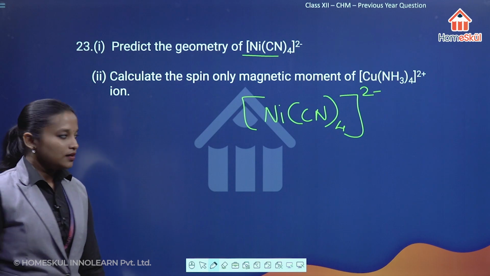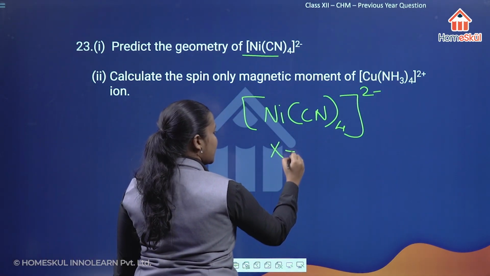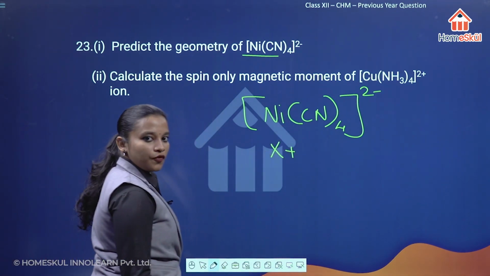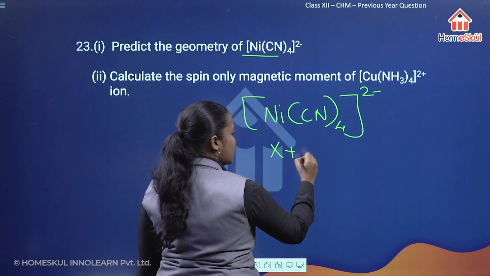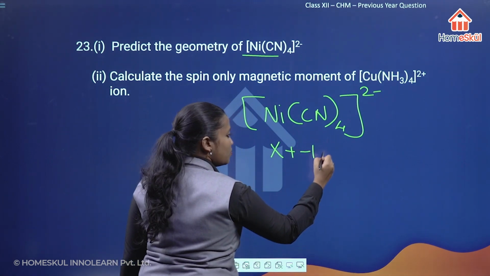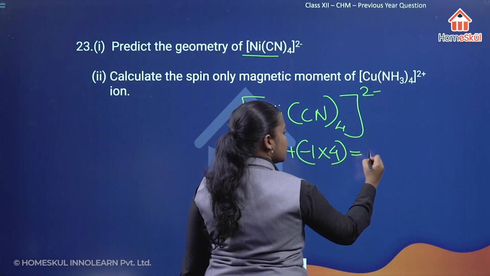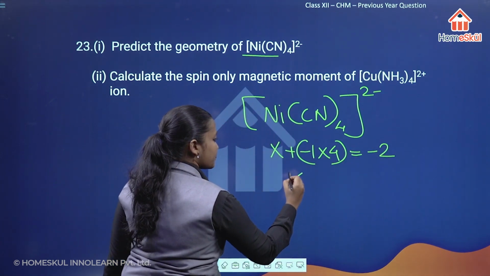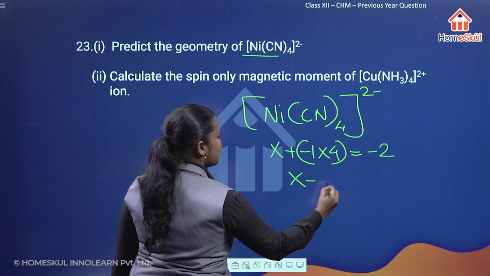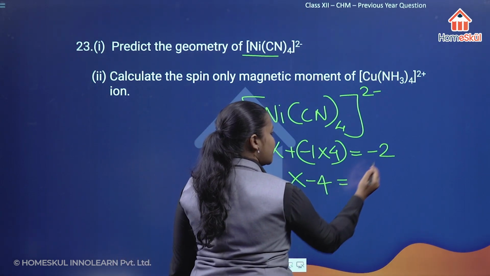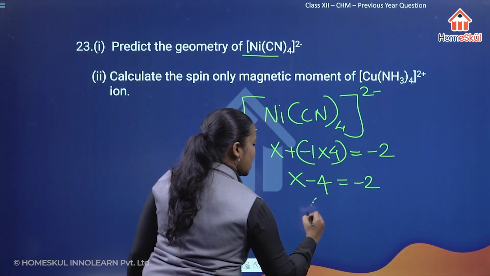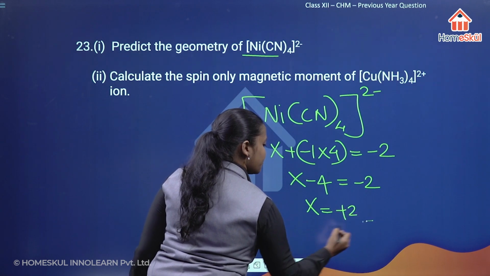Okay, let's see. X plus the charge of the ligand CN, which is minus 1, minus 1 into 4, equal to minus 2. X minus 4 is equal to minus 2. X is equal to plus 2.